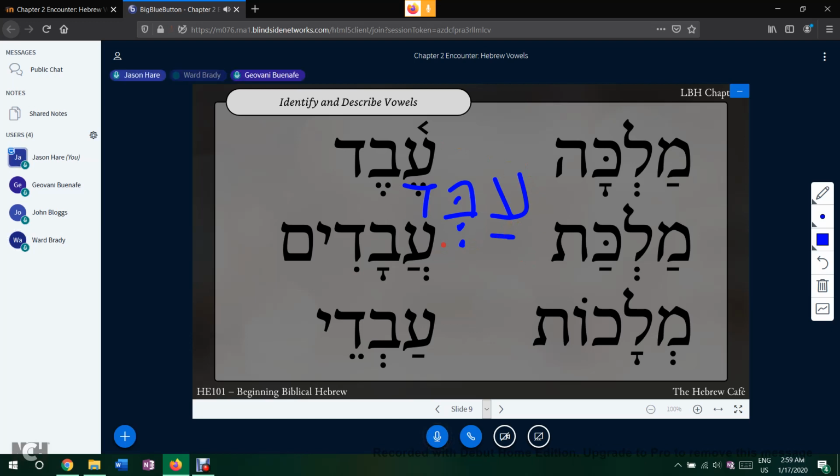So when it becomes avadim, it's because there really was an initial A sound. Our form eved is actually contrived. It came later. Like melech is king, but the original form of king was malk. So we'll get into that in chapter 4.